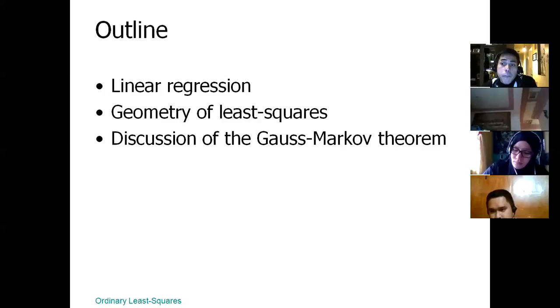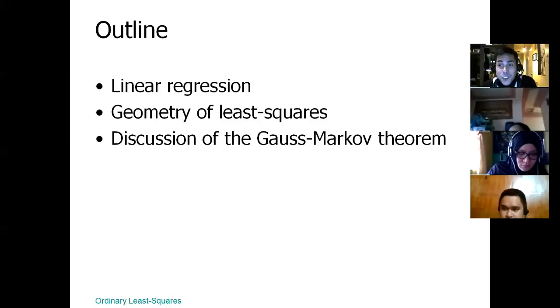But the fundamental science of logistic regression and multinomial logistic regression is really OLS, it's linear regression. So we need to cover linear regression tonight.